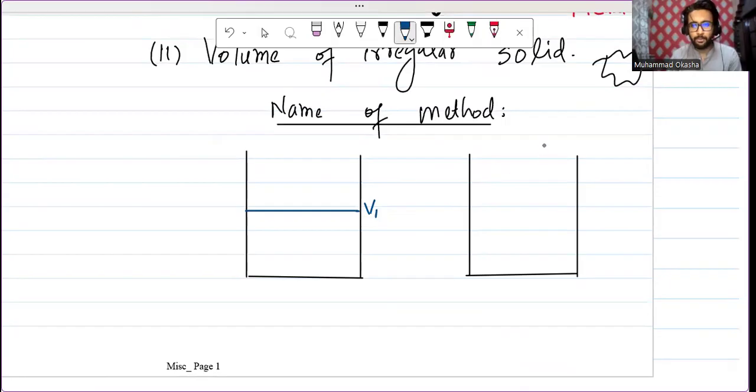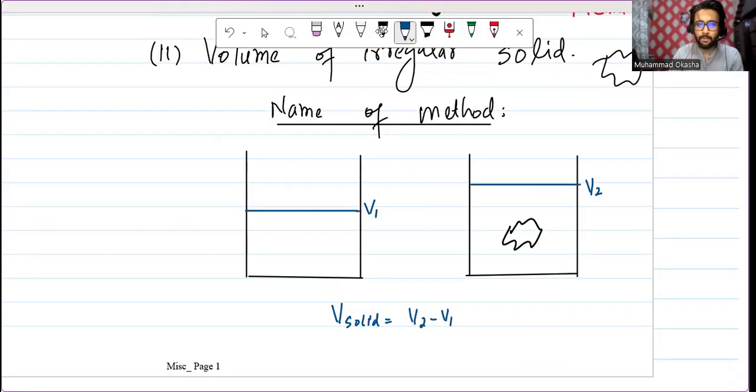Then you put the solid in the cylinder, and of course the volume rises. You record the final volume, V2, and the volume of the solid is going to be V2 minus V1. The process is called the displacement method.